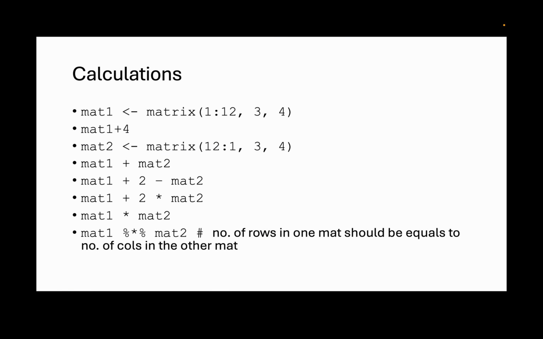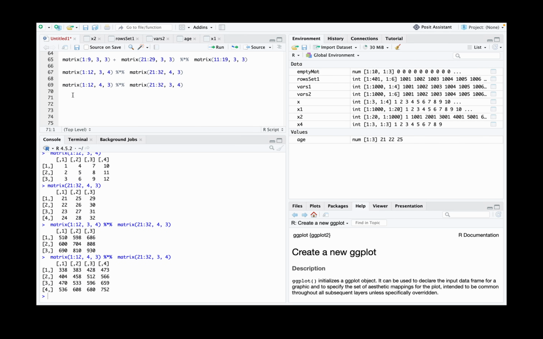And if you multiply any matrix with its transpose matrix, there is also a function which can do that, and that is cross product.